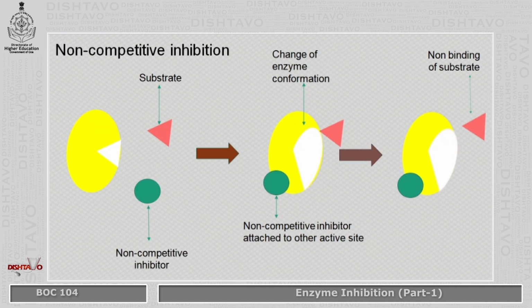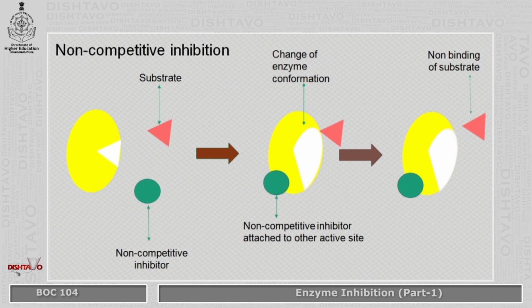Coming to the non-competitive inhibition, in this there is no similarity between the structure of inhibitor and the substrate. But the inhibitor goes and binds to the enzyme, not to the active site but to the other site on the enzyme. As a result, the enzyme inhibitor complex is formed.